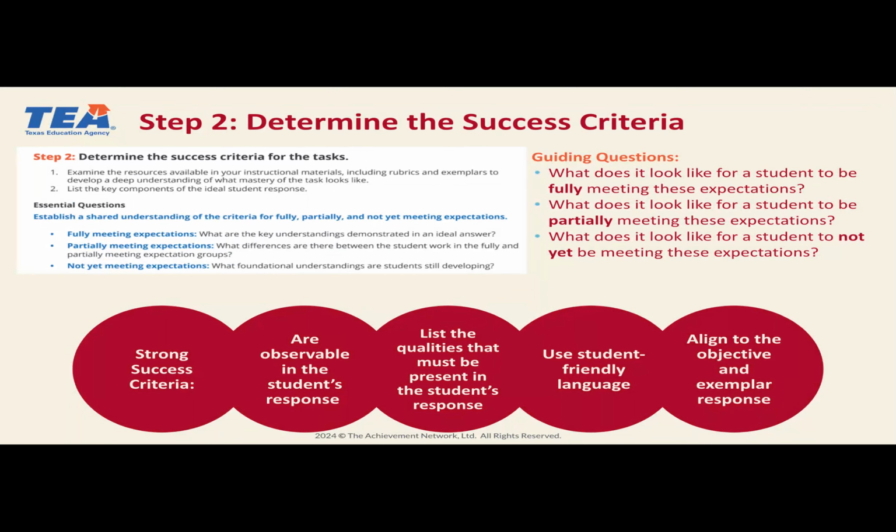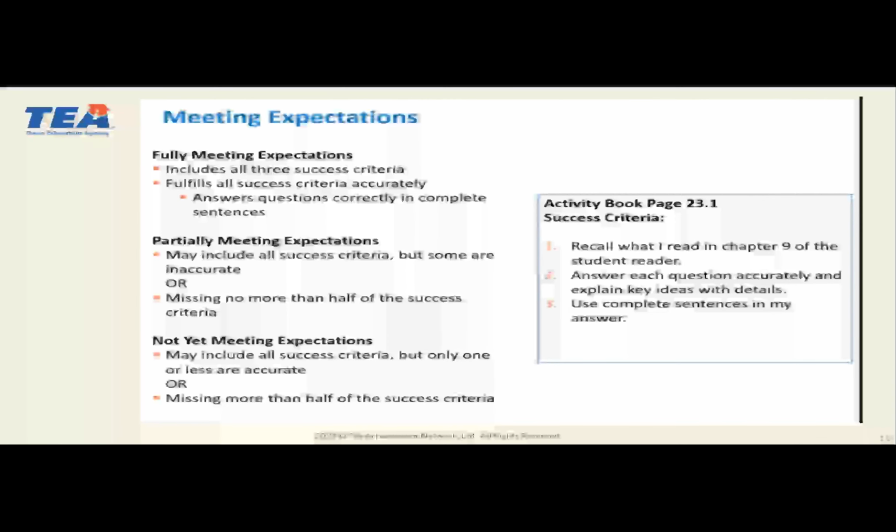Go ahead and read the strong success criteria in the circles on the slide. So for this example, we have on the right in the square our 3 success criteria indicators. 1, we want to ensure that we're measuring, recall what I read in chapter 9 of the student reader.